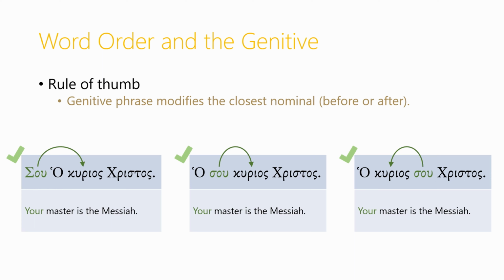Sometimes the writers will just rely on the fact that if we take the genitive with anything else in the sentence, it reads nonsense. But for the most part, this rule of thumb will be helpful.